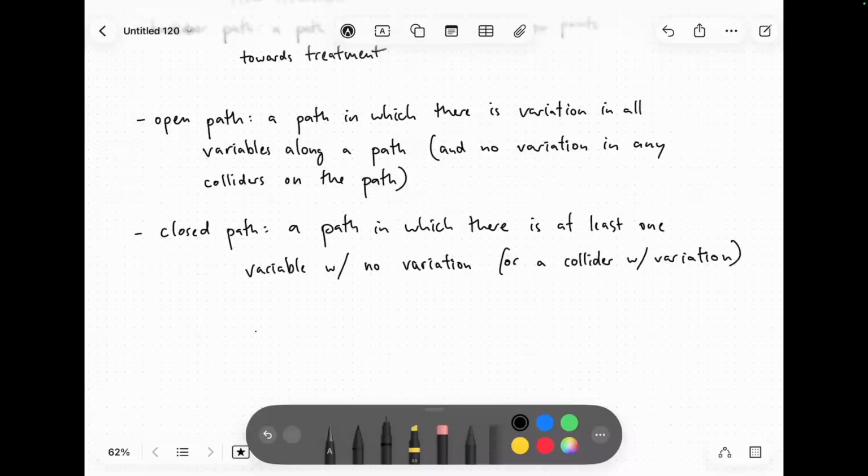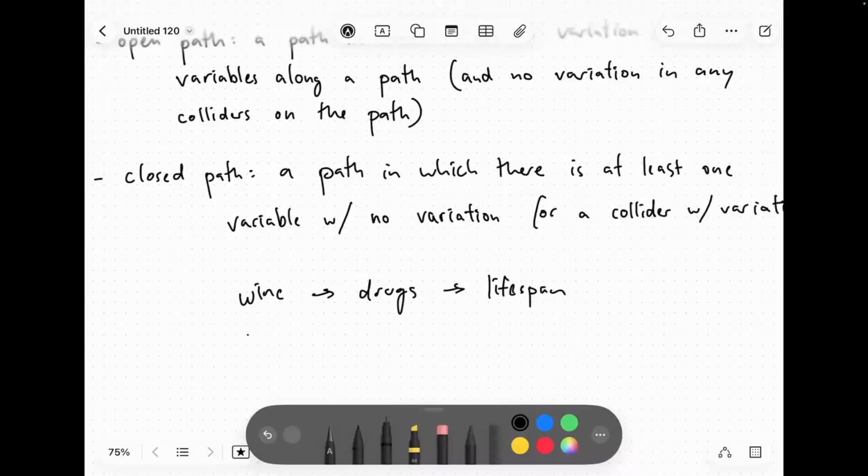So imagine really quick, we go wine, drugs, lifespan. If you have a bunch of variation in wine, a bunch of variation in drugs, and some variation in lifespan, I don't know actually if it's the wine or drugs that's leading to the change in lifespan.